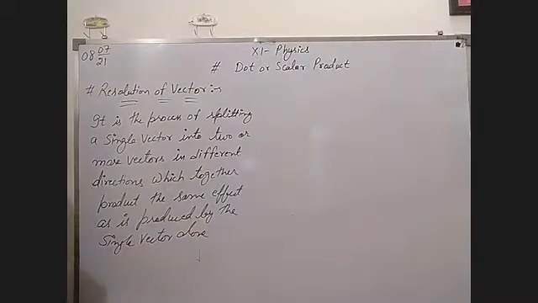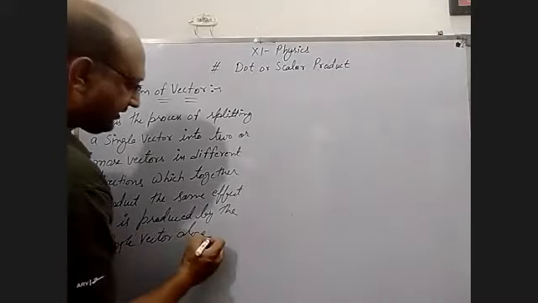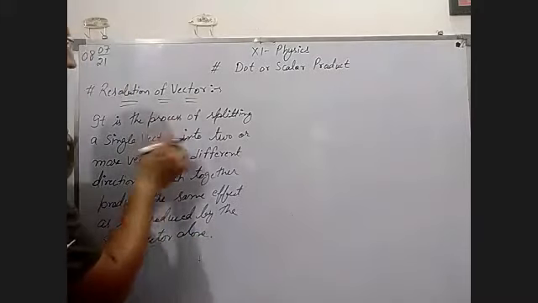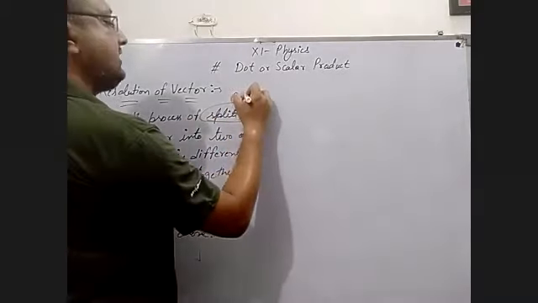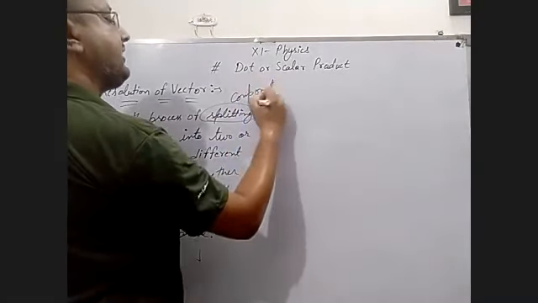The vectors into which the given single vector is split are called component vectors, and the splitting vector is also called a component vector.